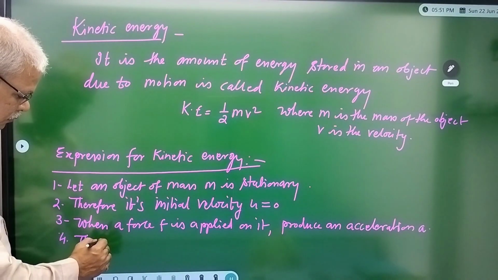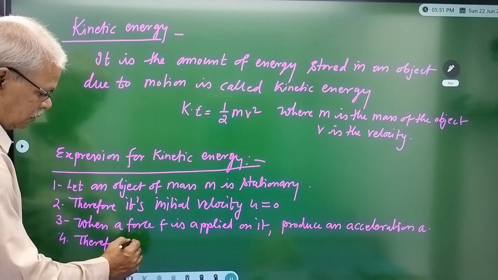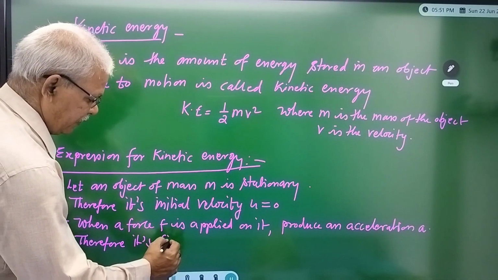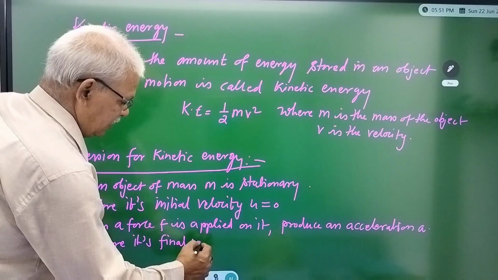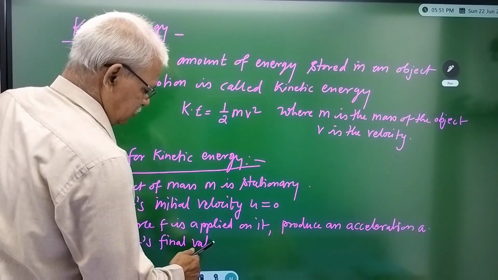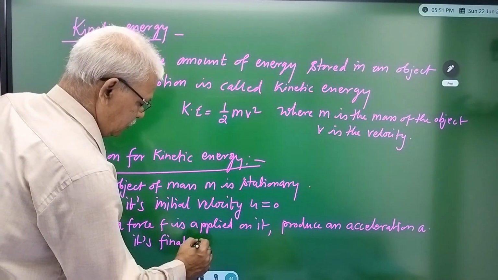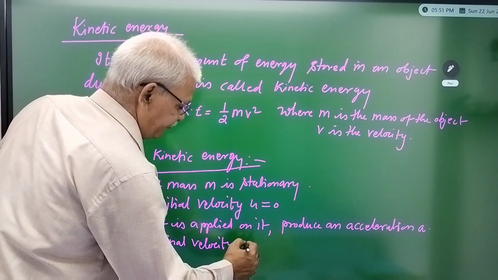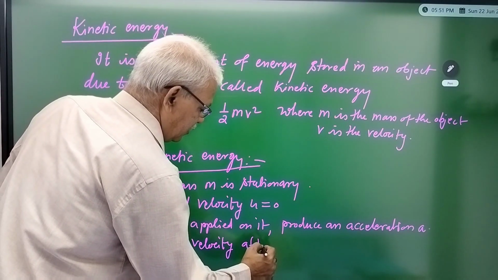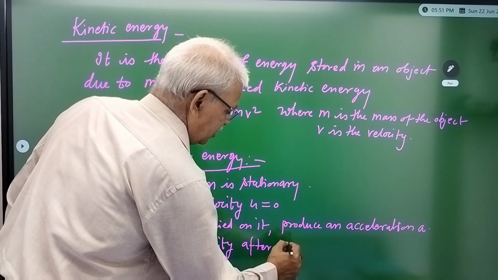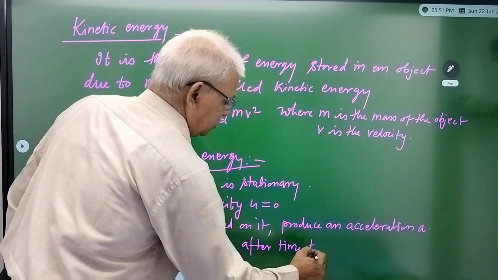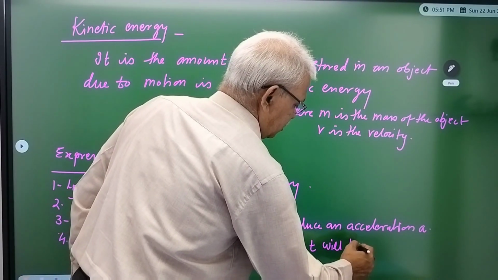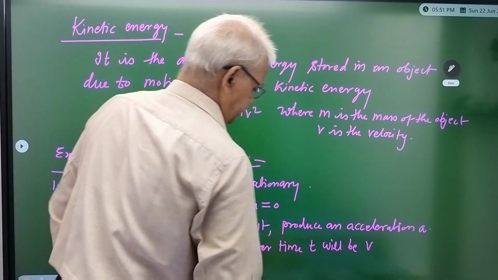Therefore, its final velocity after time t will be v.